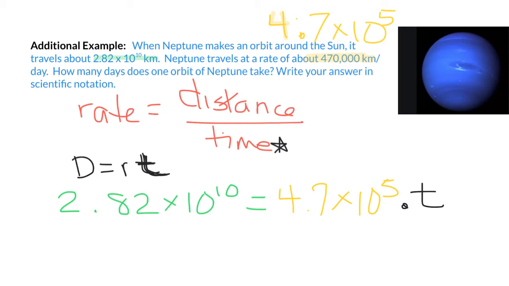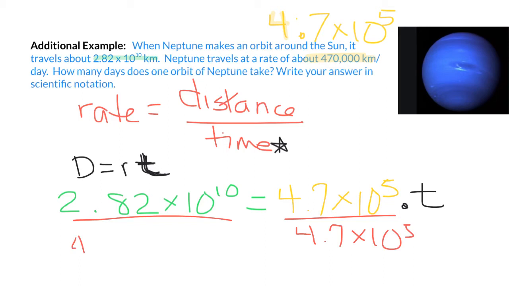So you divide both sides. This is just like you're solving an equation like you did last year. Okay. So with my handy dandy calculator, I'm going to divide those two.